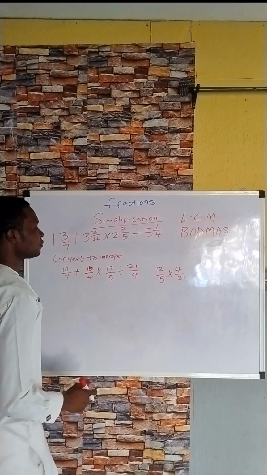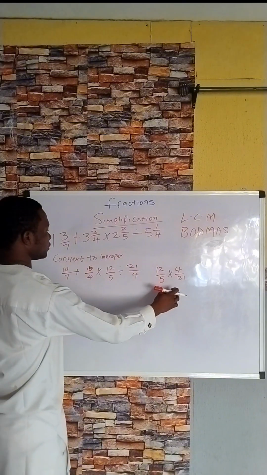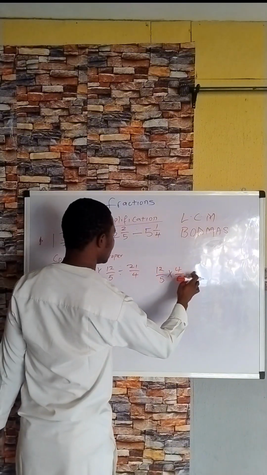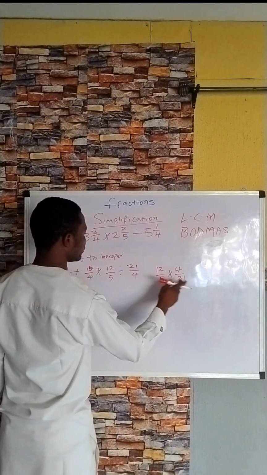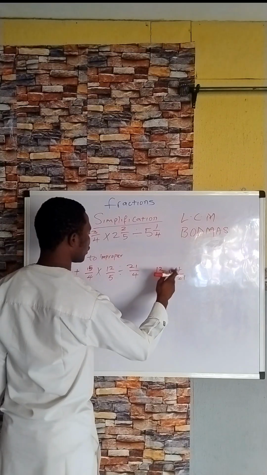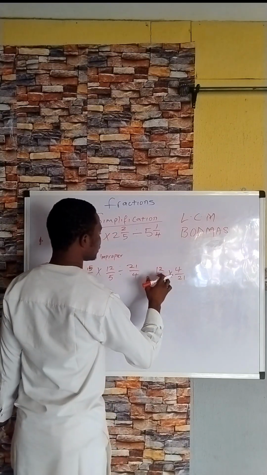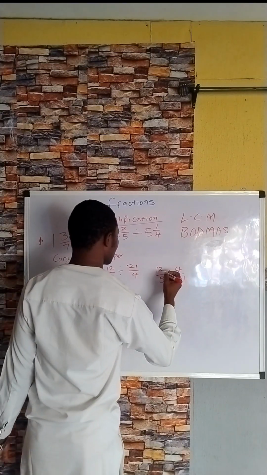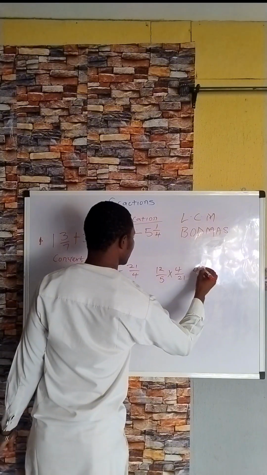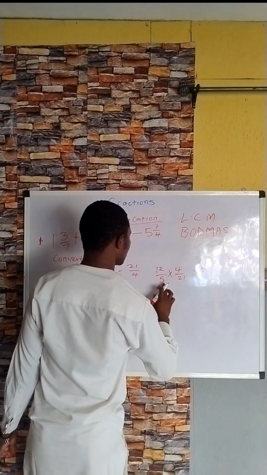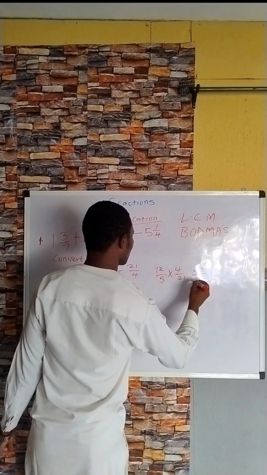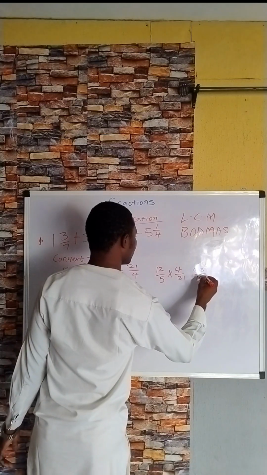This cannot be divided. None of them can divide here. There is no common factor in any of them. So let's multiply it directly. This becomes 48 over 105.